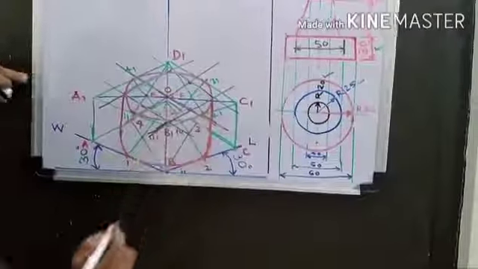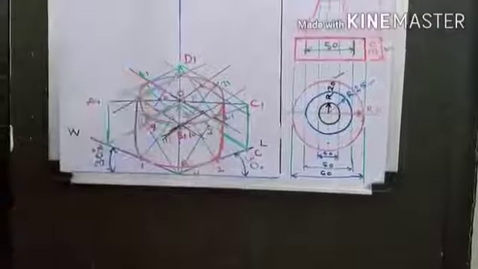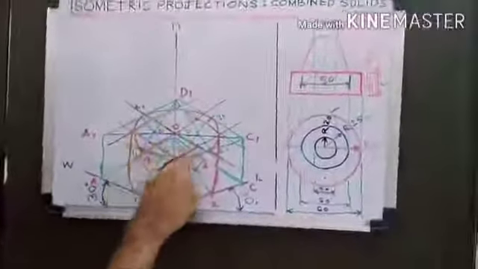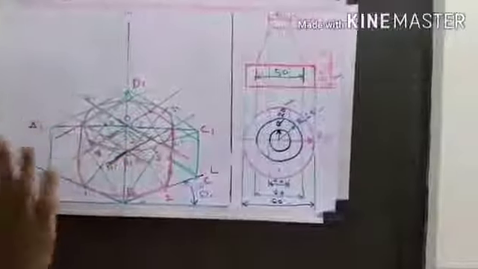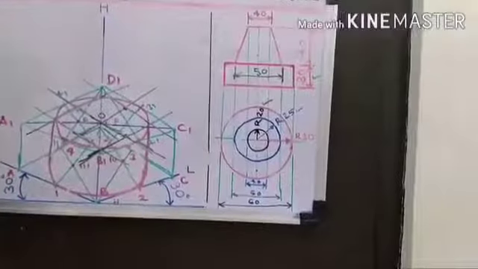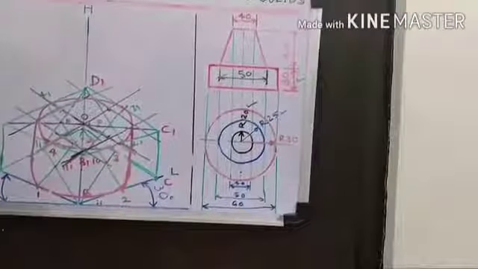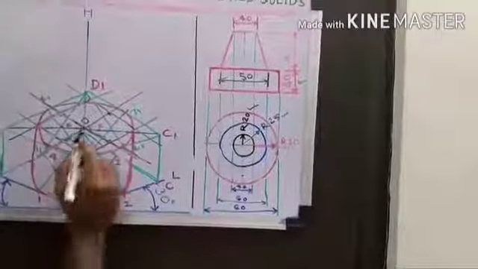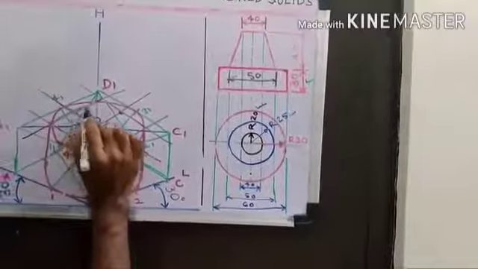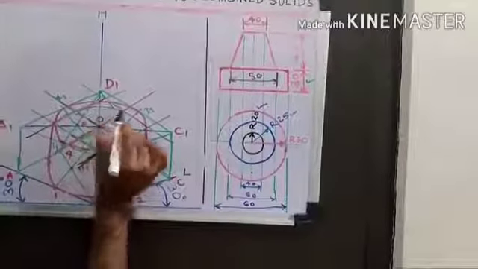Now by using the 4 center method, this is the midpoint, this is the midpoint, this is the midpoint. Already you are having the information. So therefore, by using the 4 center method, you have to draw an ellipse inside.